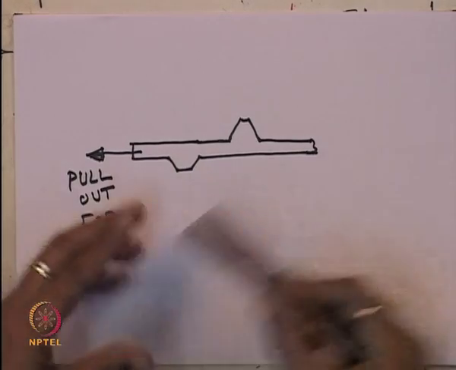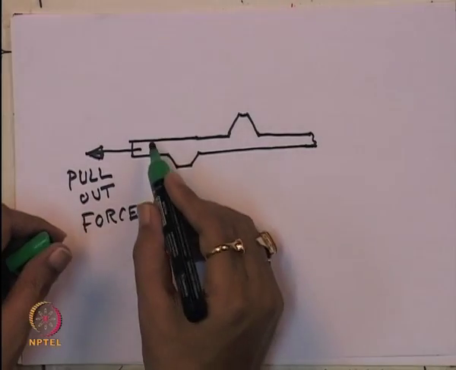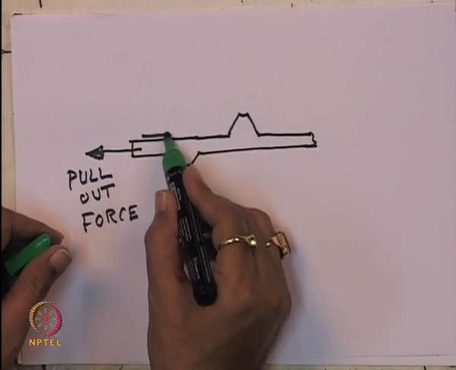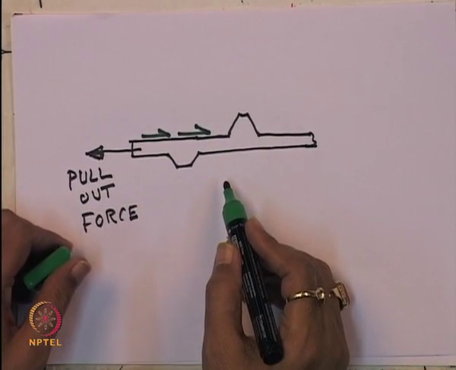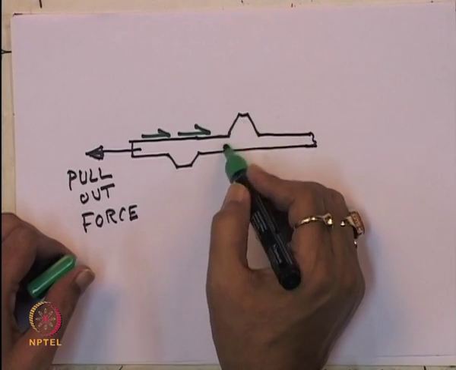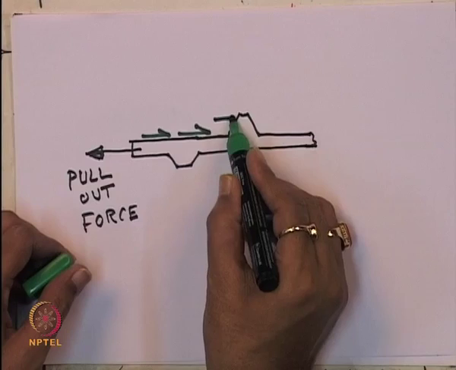So you can see here there will be a development of frictional resistance, but in this portion there will be a development of passive resistance.